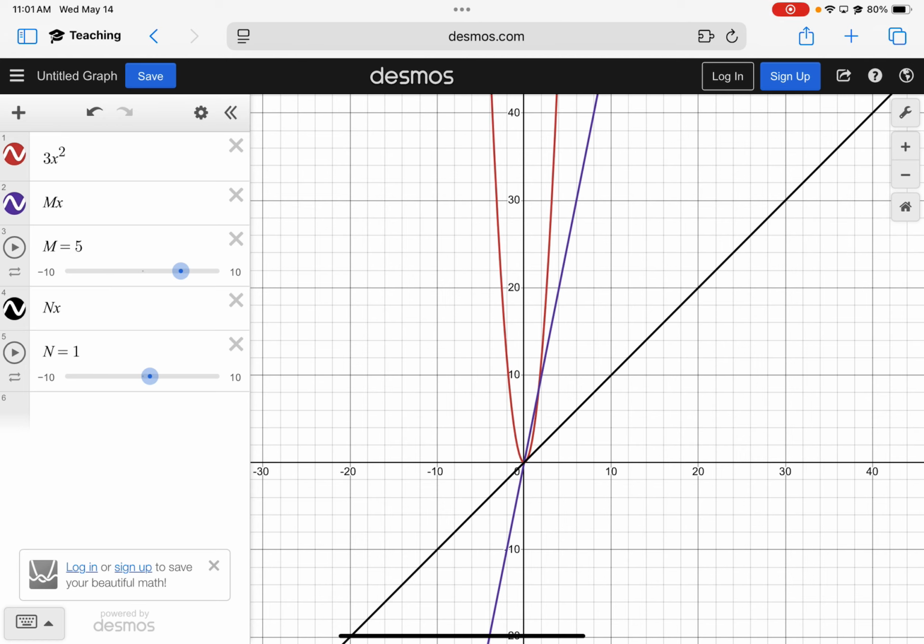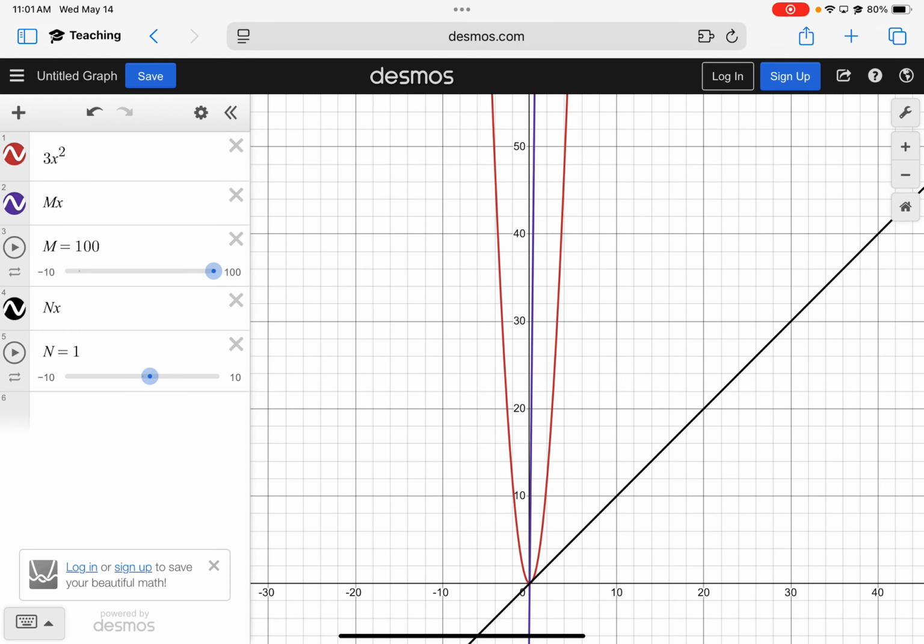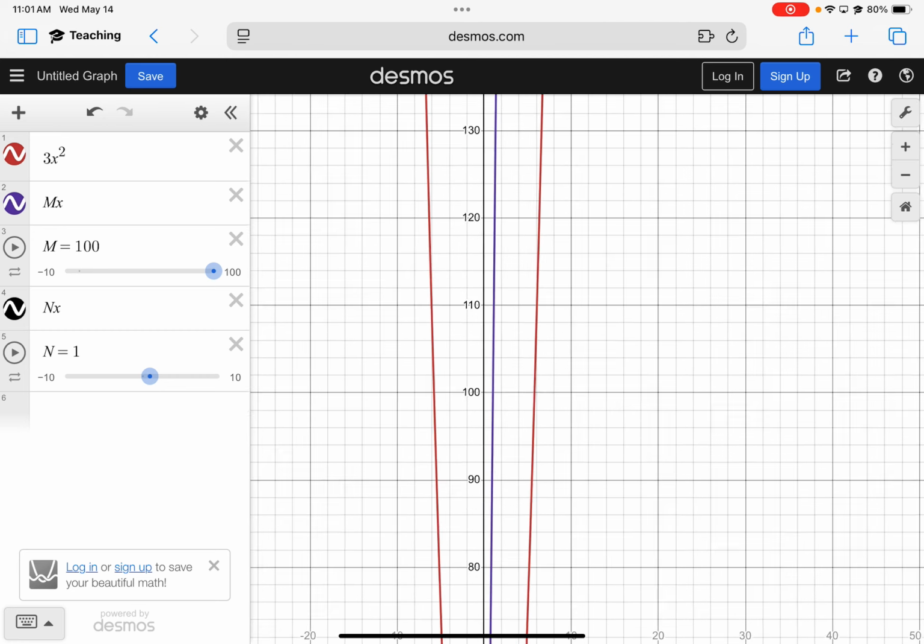But we're going to have a really hard time finding an m such that 3x squared is less than x. Both of those inequalities need to be true for it to be in big theta. I'm going to crank them up. Yeah, seems like with m equals 100, we're going to have the inequality 3x squared less than mx forever.